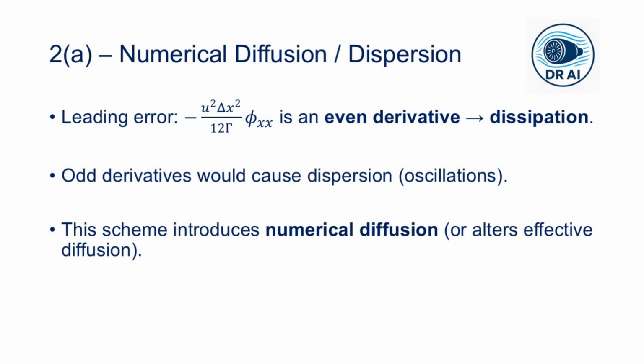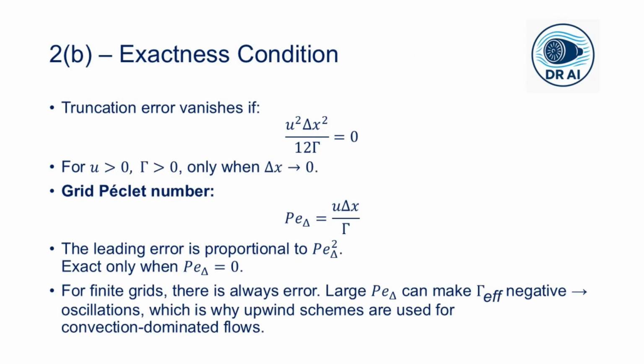So the central difference scheme introduces a form of numerical diffusion, or more precisely, it alters the effective diffusion. In many practical problems where the physical diffusion is very small, this can lead to non-physical steepening and even instability, which is why upwind schemes are often used for convection dominated flows.